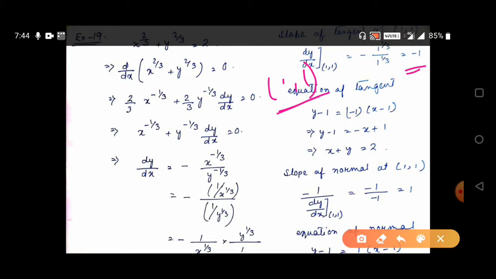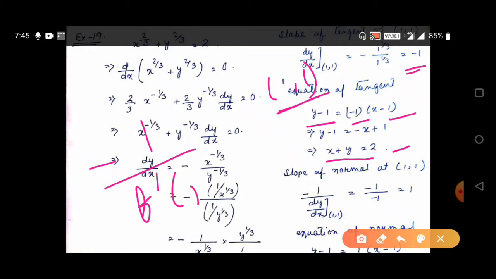So the equation of the tangent will be y minus 1 is equal to (minus 1) into (x minus 1). So from here we will get x plus y is equal to 2. This is the equation of the tangent. Now to find the equation of the normal, we have to find the slope of the normal. We know the slope of the normal is minus 1 by f dash x naught.